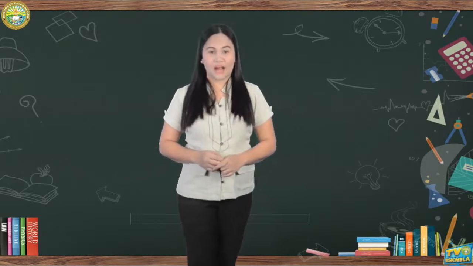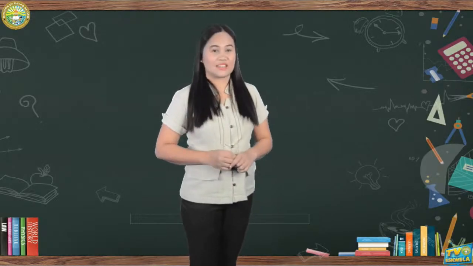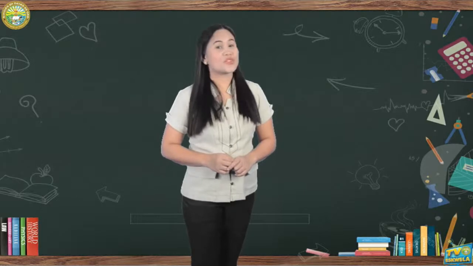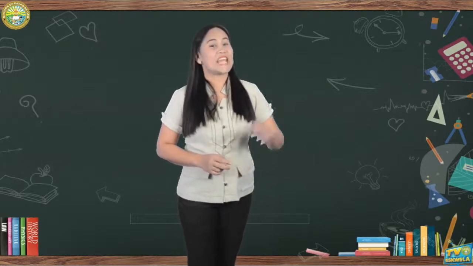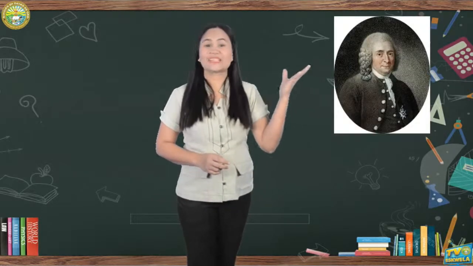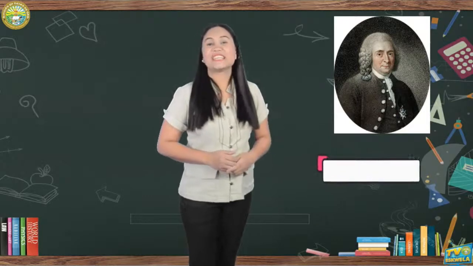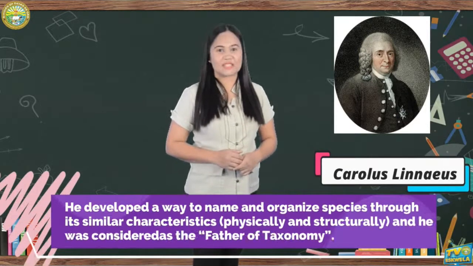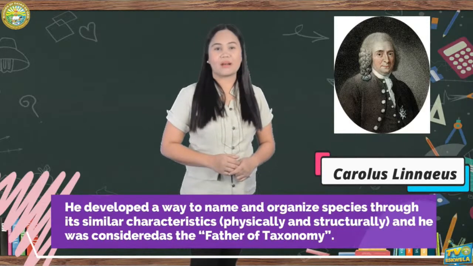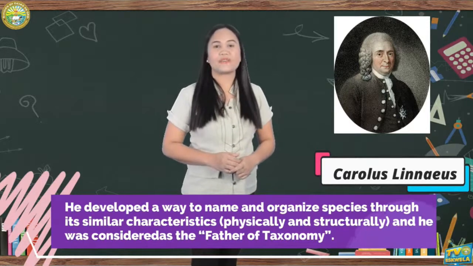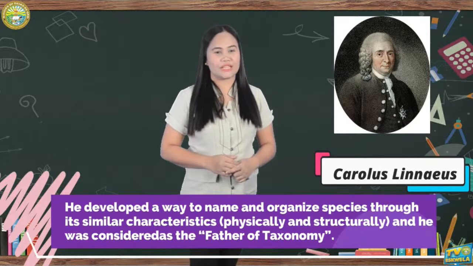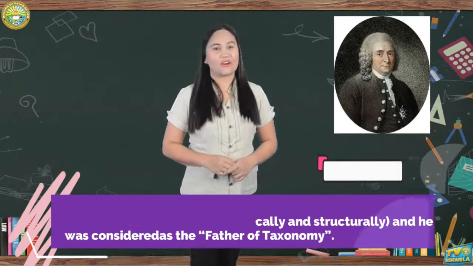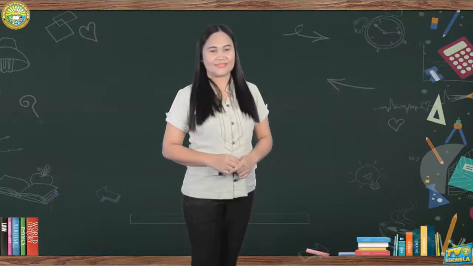Until such time in the 17th century, a Swedish naturalist came to the rescue in the name of Carolus Linnaeus. He developed a way to name and organize species through their similar characteristics, physically and structurally, and he was considered the father of taxonomy.